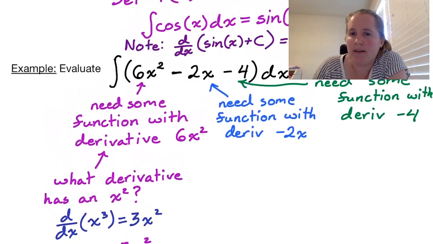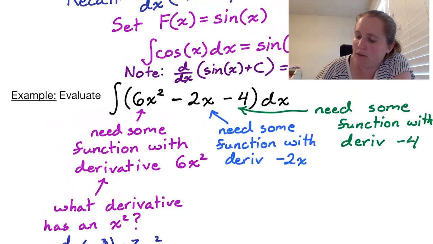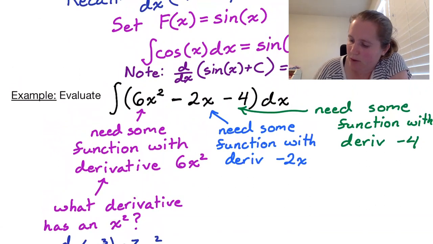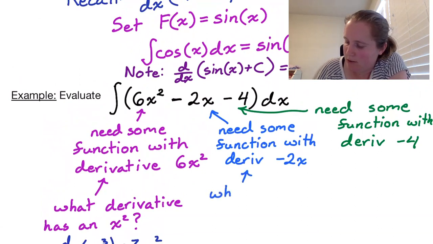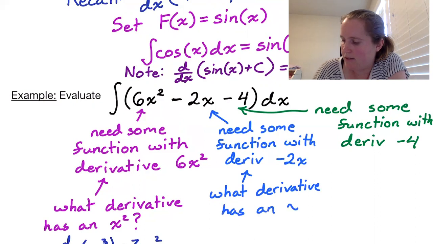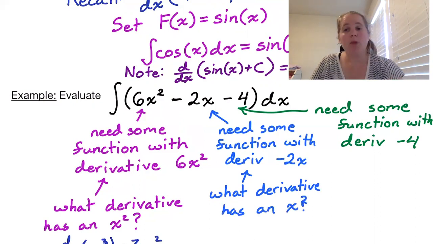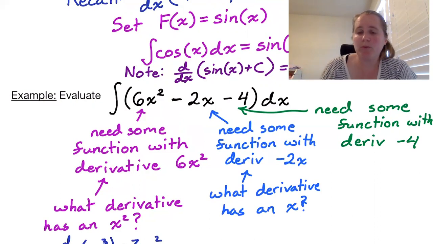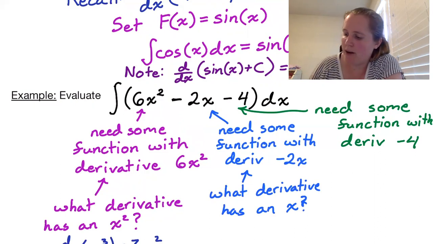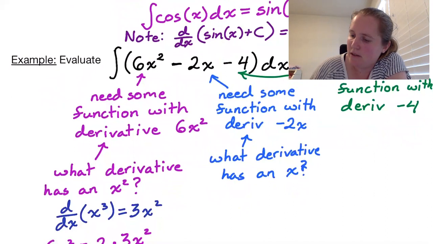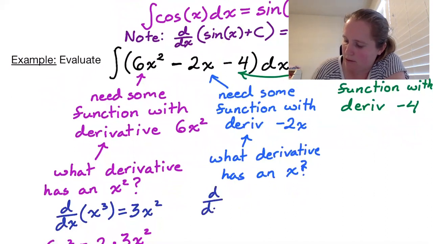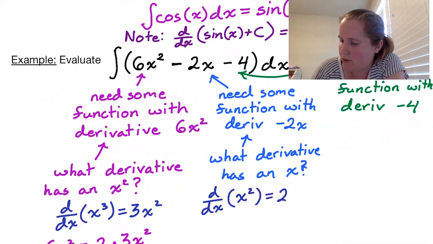And then we go back and we have -2x. Again, we want what derivative has an x. Again, power rule, when we take the derivative, the power drops by 1. And so to get x to the first power, we came from x squared. The derivative of x squared is 2x.